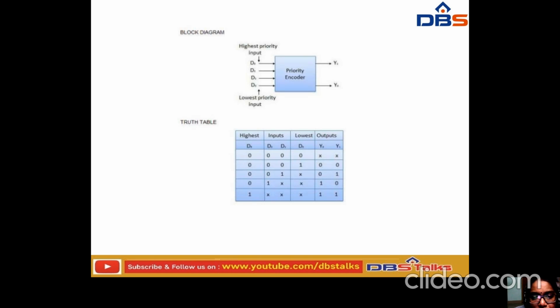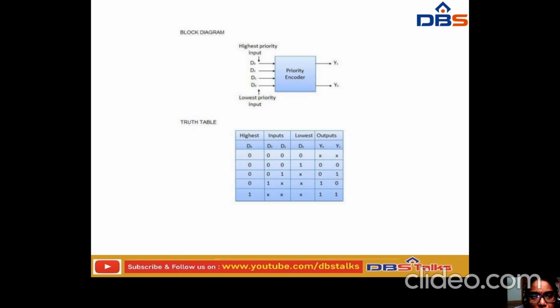Here this is the lowest priority, that is D0, so the output is also 0. Here at D1 we have the priority, then the output will become 0 1. If you have observed, these are the possible combinations that you will get here. So this is about the priority encoder, the block diagram and the truth table of the priority encoder.